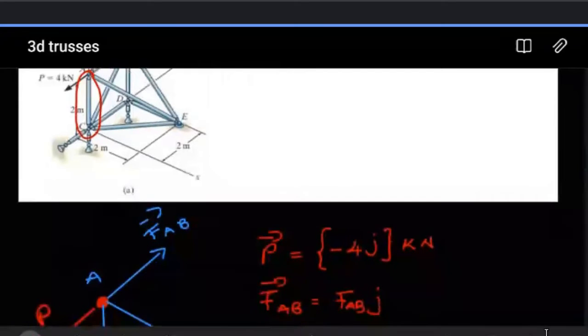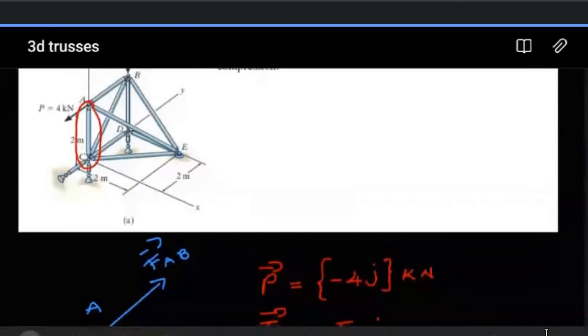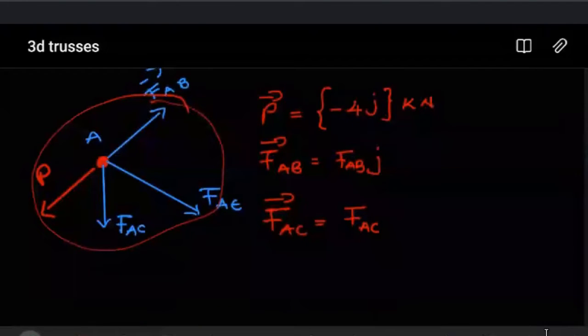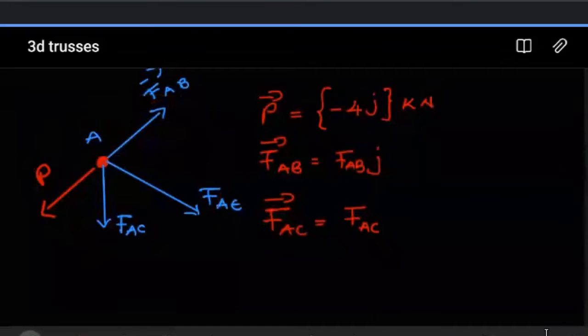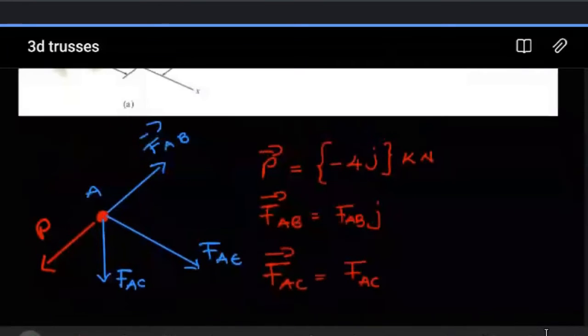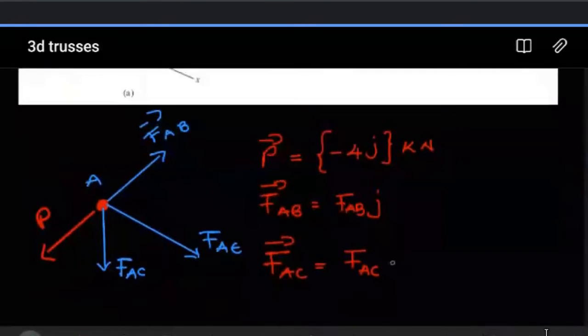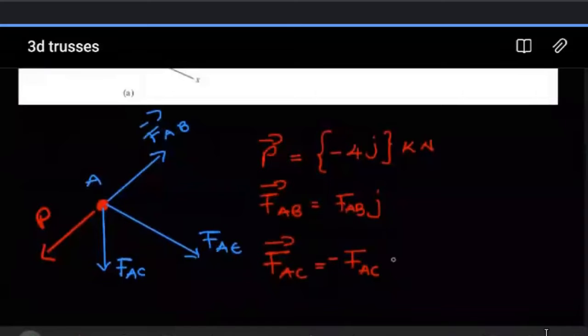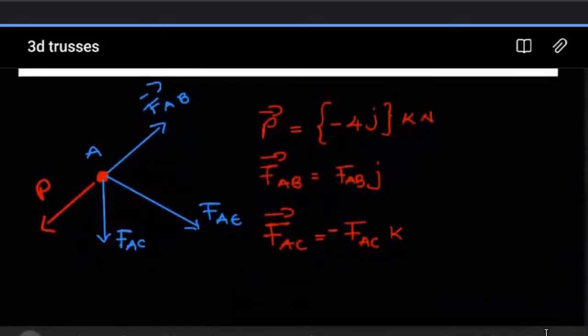Z-axis. Be specific now. Is it up or down? That's negative Z, right? My assumption is that it is pointing downwards. So I'll bring a negative here and put the K to mean it's in the negative K direction. That sorts out three of my forces, but I still have one.